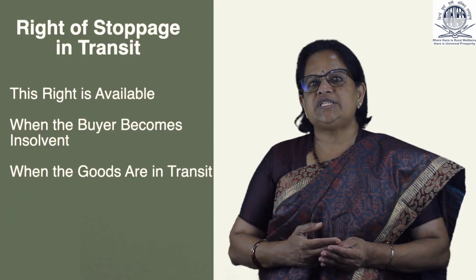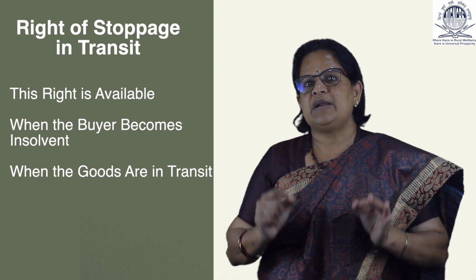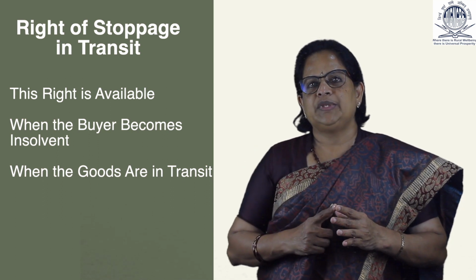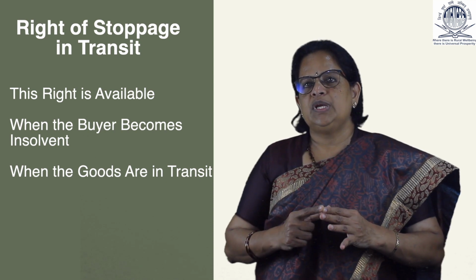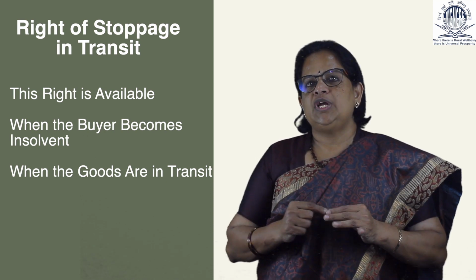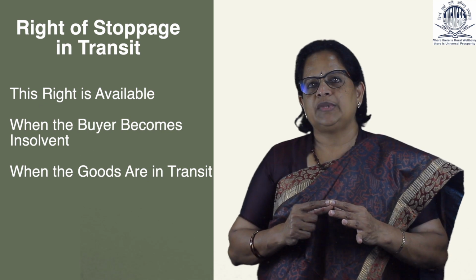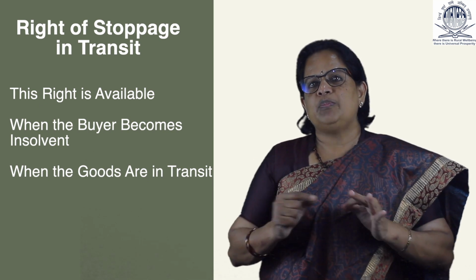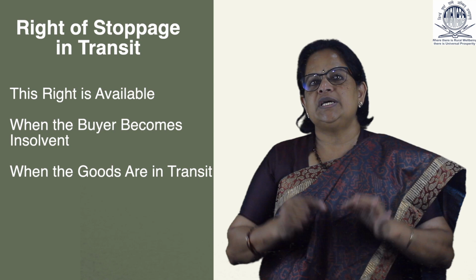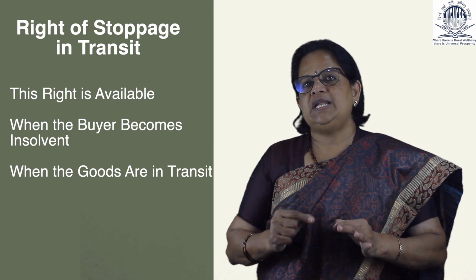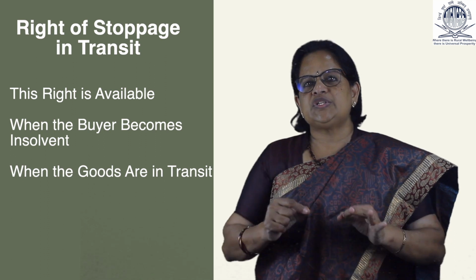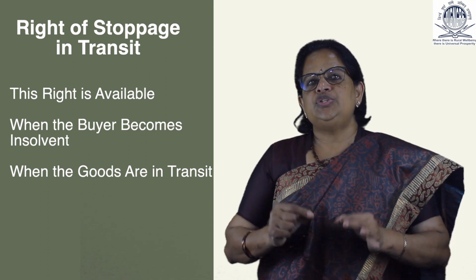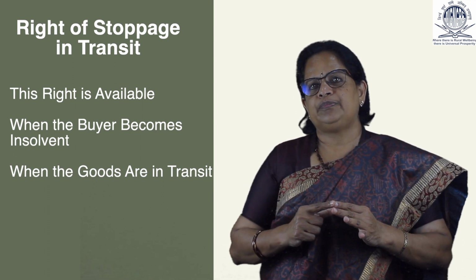Now, what is the next step possible as a legal remedy to the unpaid seller? That is the right of stoppage in transit. What is this right? Do you have any idea? It is a right of stopping the goods while in transit after the unpaid seller has lost possession of the goods. This right enables the seller to regain possession.